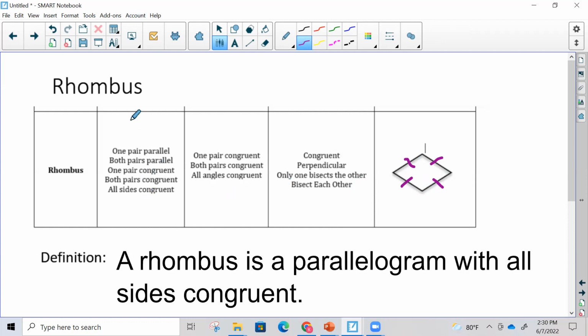Now, when we talk about the opposite sides, we know that both pairs are parallel because again, it's a parallelogram. We know that both pairs are congruent again, because it's a parallelogram. But in this case, we go one step further and we say that all the sides are congruent.